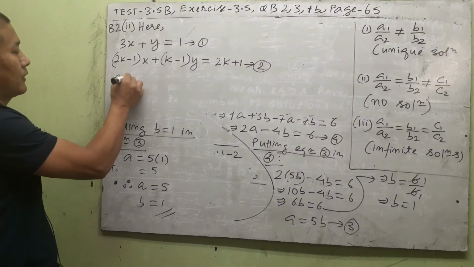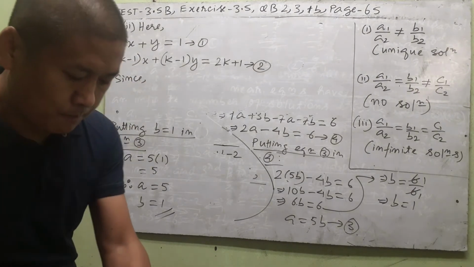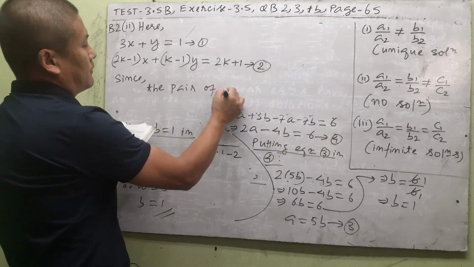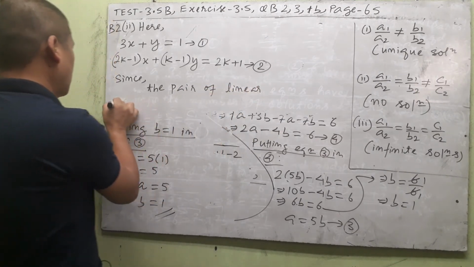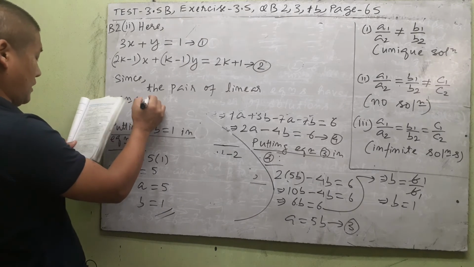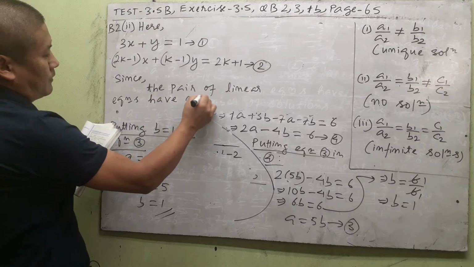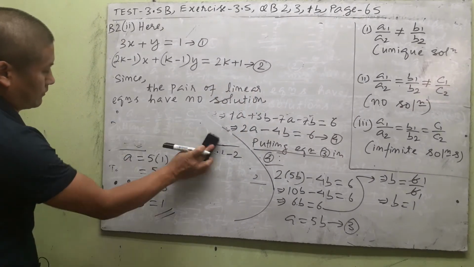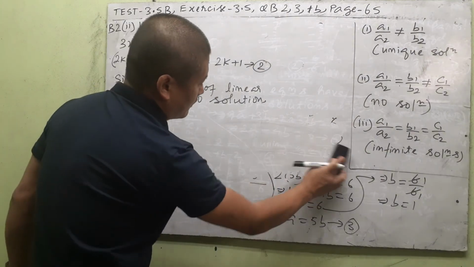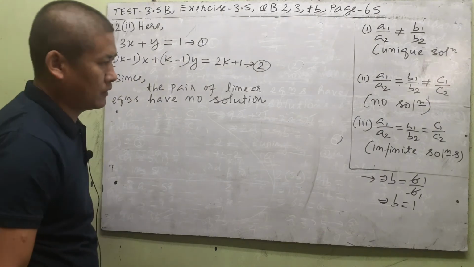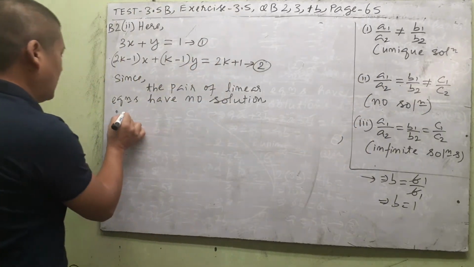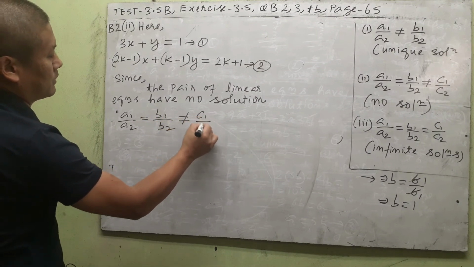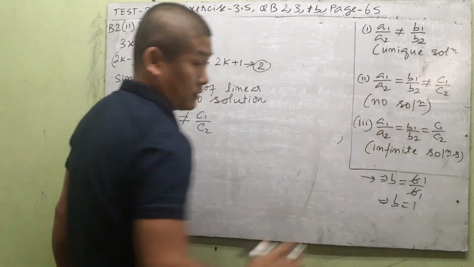Now, according to the question, the pair of linear equations have no solution, therefore we have to use the no solution condition, this one: A1 by A2 will be equal to B1 by B2, which will not be equal to C1 by C2. Exactly the no solution condition.